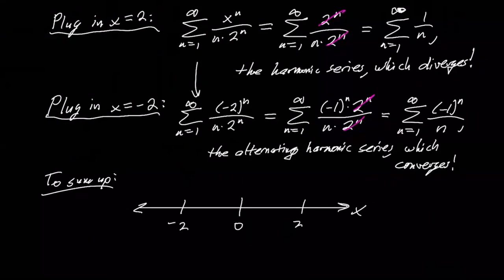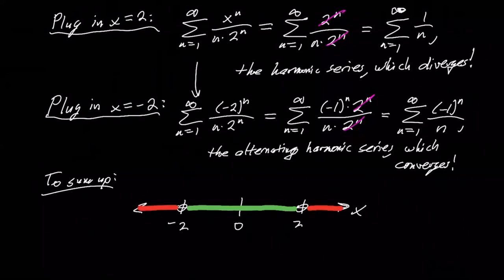Let me put little bubbles around 2 and negative 2. Let's put our green again here, and we know it converges here. Good. And then we know it diverges outside of 2, basically more than 2 units away from the origin.